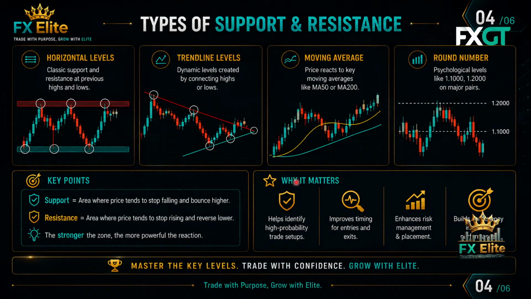Some people use moving averages, which are also dynamic, meaning they change over time as price moves. And the other thing that other people use, which I also use, is round numbers. I set certain round numbers, which helps us a lot in terms of where price goes up and down.